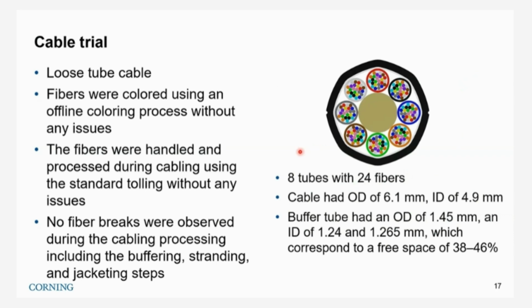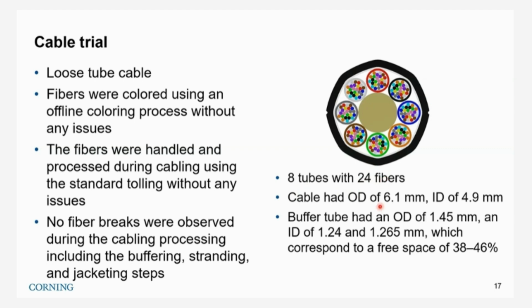To show the feasibility of the reduced coating diameter fiber, we did a cable trial. This shows the schematic of the cable structure. It has 8 tubes. Each tube has 24 fibers.